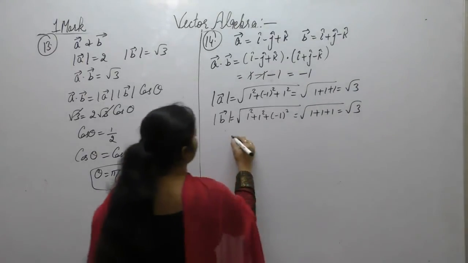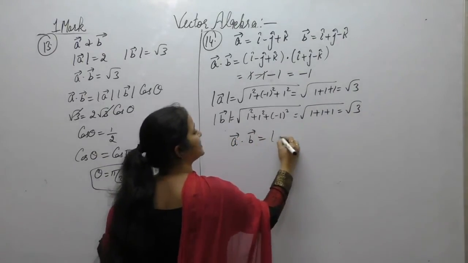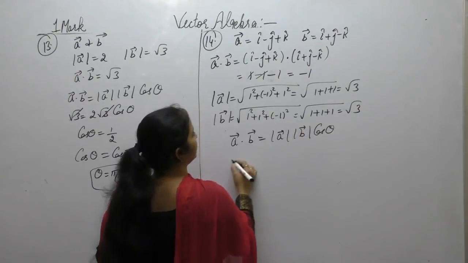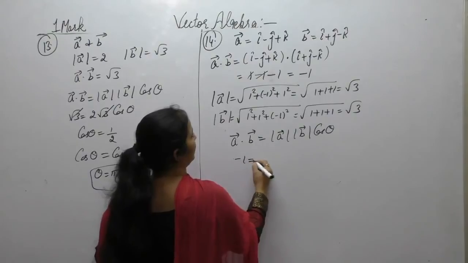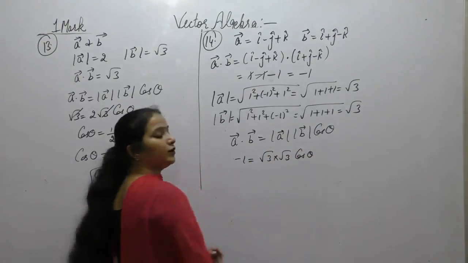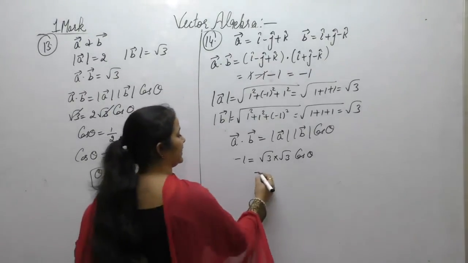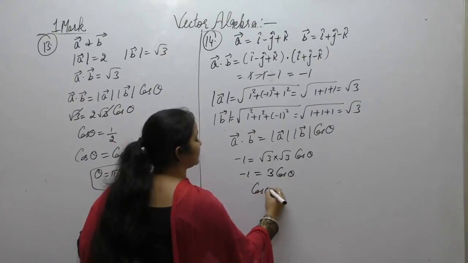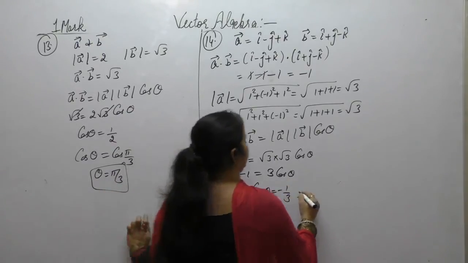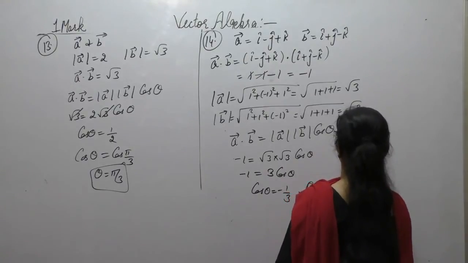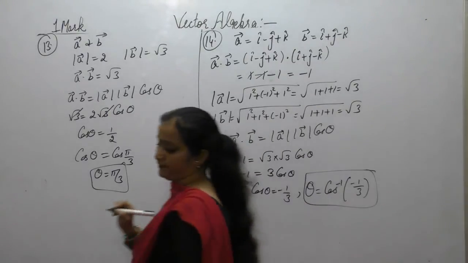Now we know that A dot B is equal to modulus A modulus B cos theta. Square root of 3 into square root of 3 has value 3. So minus 1 equals 3 cos theta, cos theta is minus 1 by 3, or we can say that theta is cos inverse of minus 1 by 3.